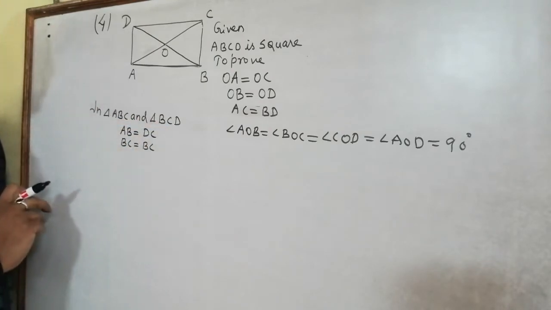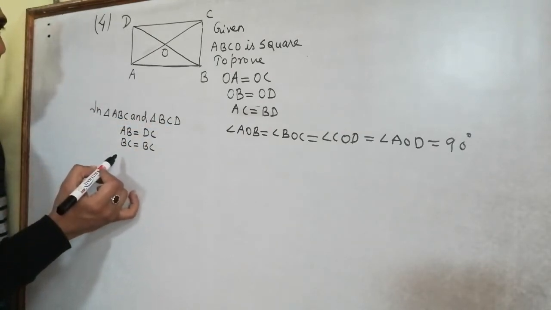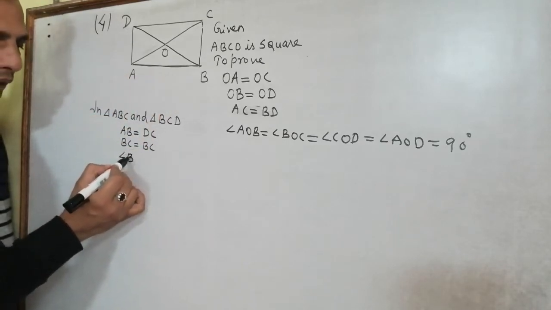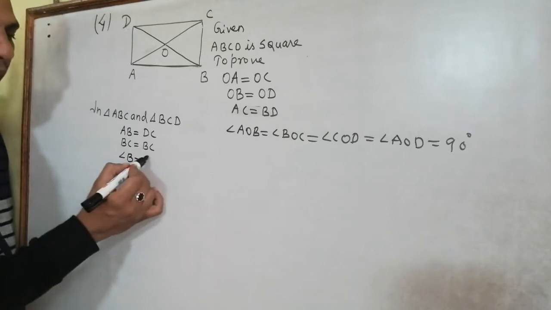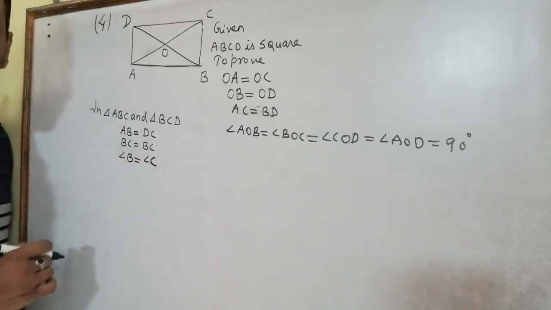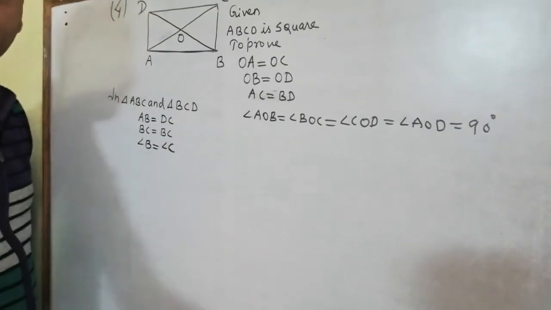Angle B in triangle ABC and angle C in triangle DCB, angle B is equal to angle C because all angles of a square are equal.